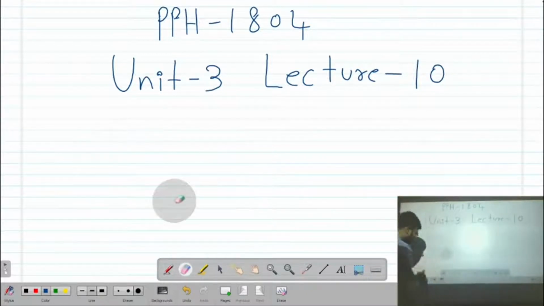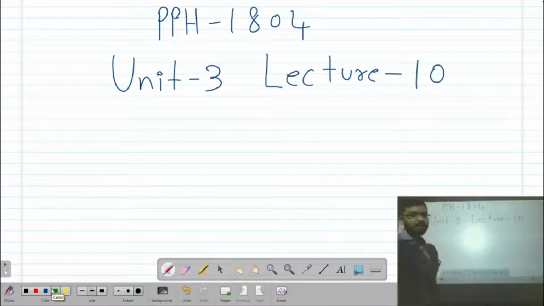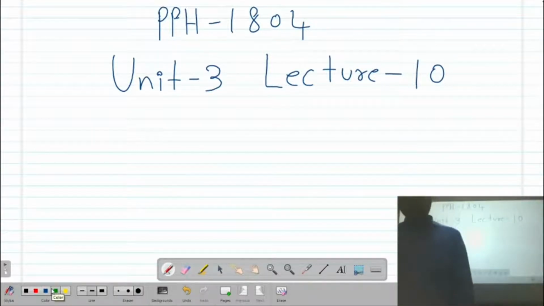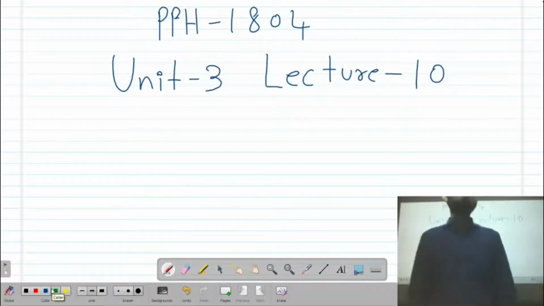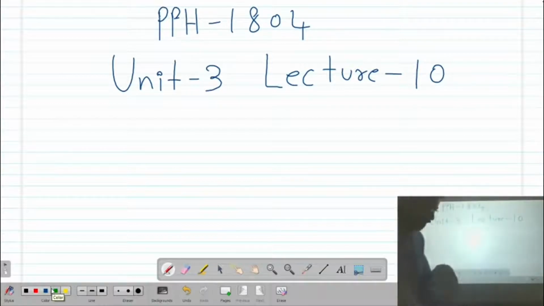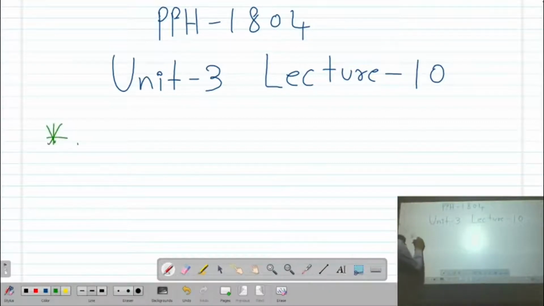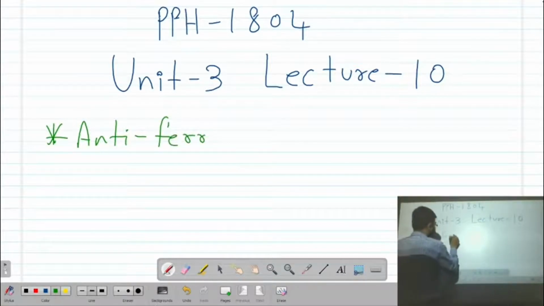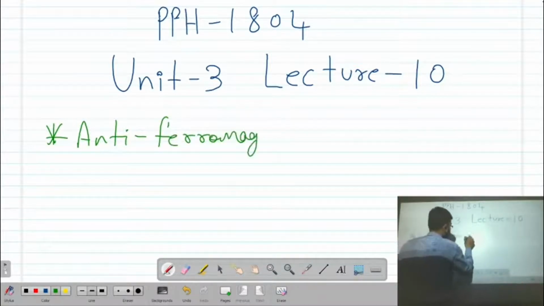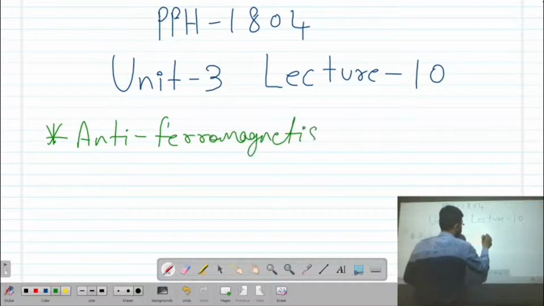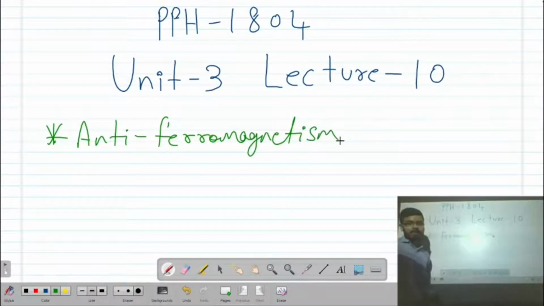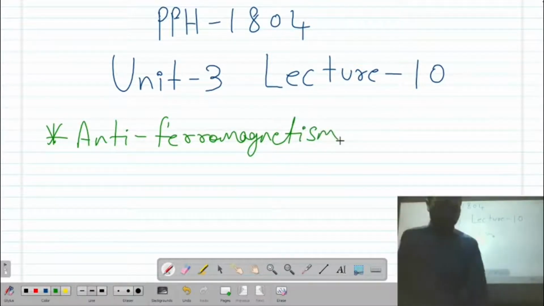Today we will start antiferromagnetism. We will see what antiferromagnetism is.